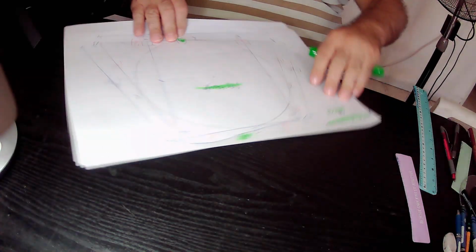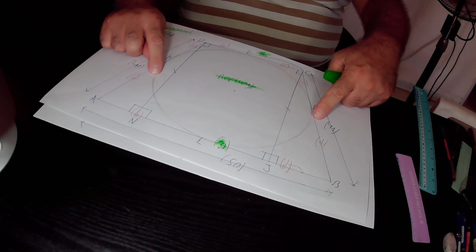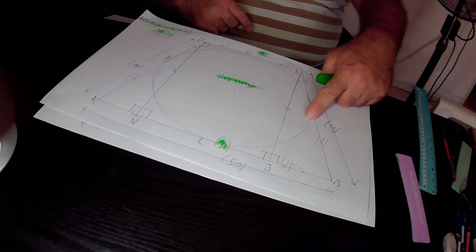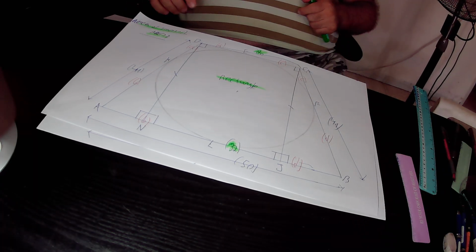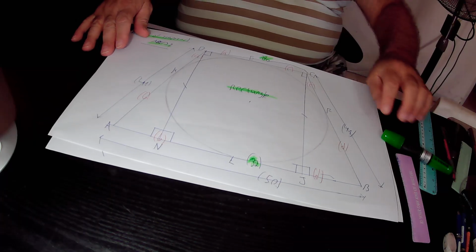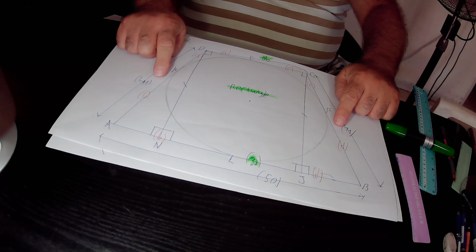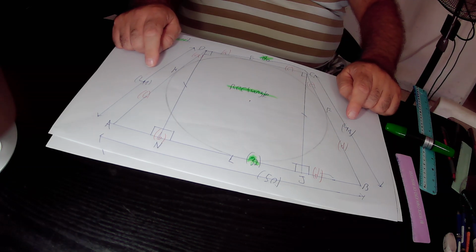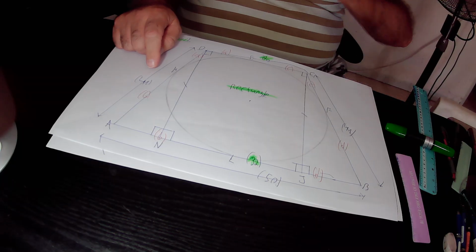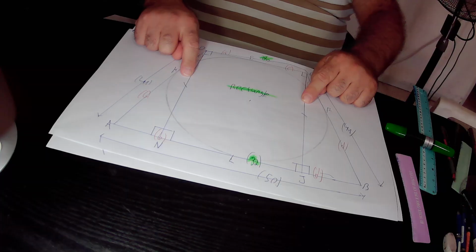I'll explain why those two right triangles, triangle DAN and this triangle CJB, can be related to each other. First of all, the hypotenuses of those two right triangles are both equal to 41 units, and therefore they are equal to each other.